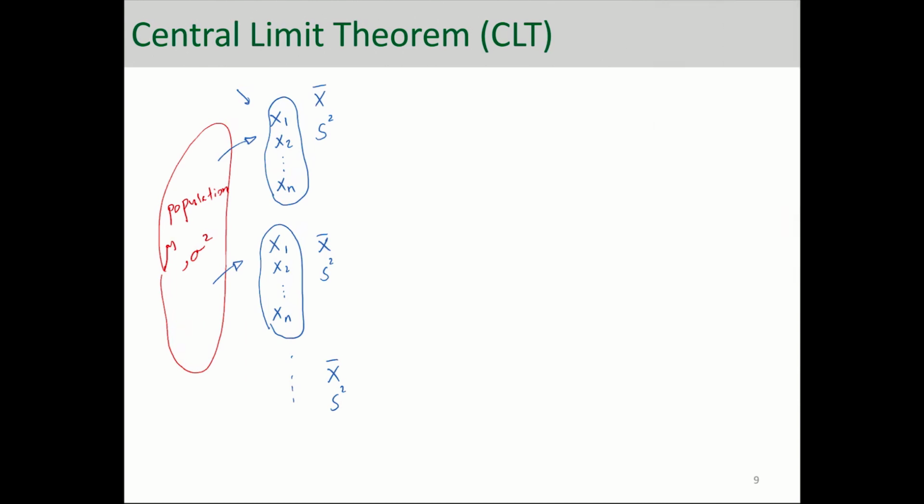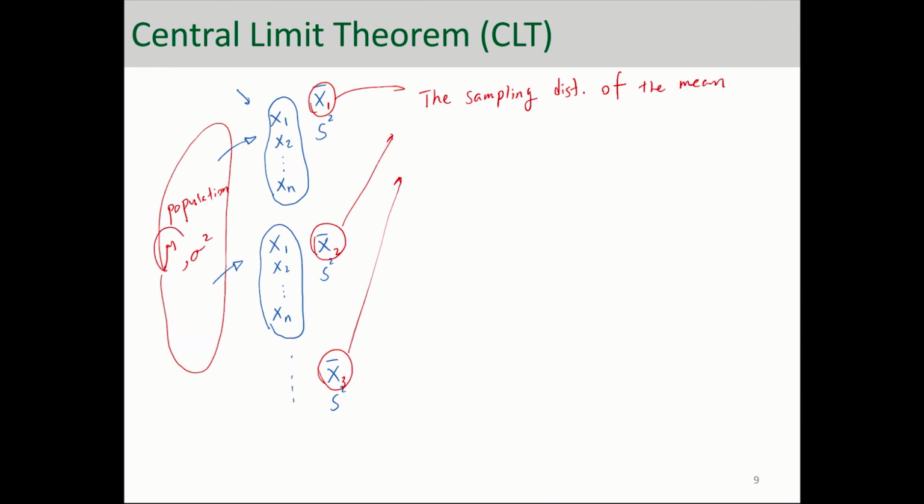What I'm saying here is that these x bars, let's call them x bar 1, x bar 2, x bar 3, these x bar values will have a normal distribution. They have a sampling distribution. This is called the sampling distribution of the mean.